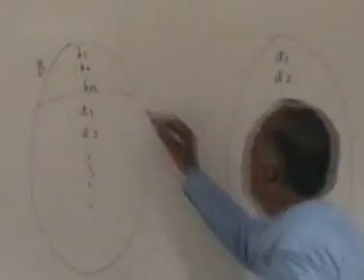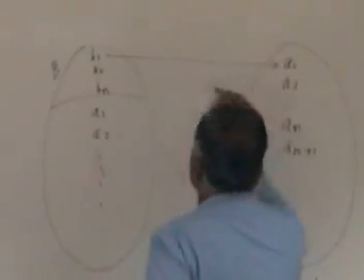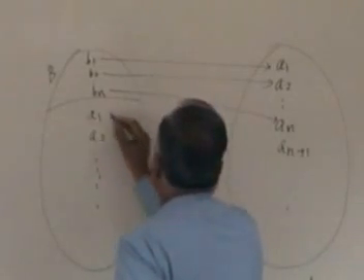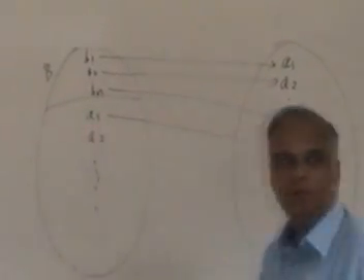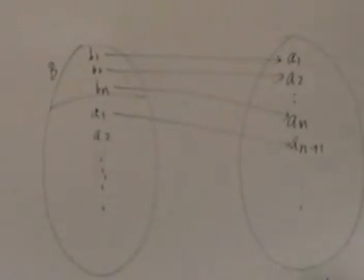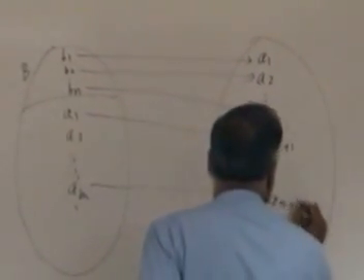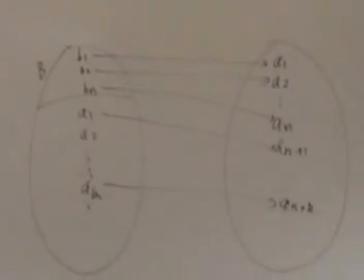Map B1 to A1, B2 to A2, Bn to An, and A1 to An plus 1, and Ak to An plus k. So ask all the guests in the A hotel to move n rooms to the right side. Then make rooms available for the n new guests. So that's essentially what is going on.